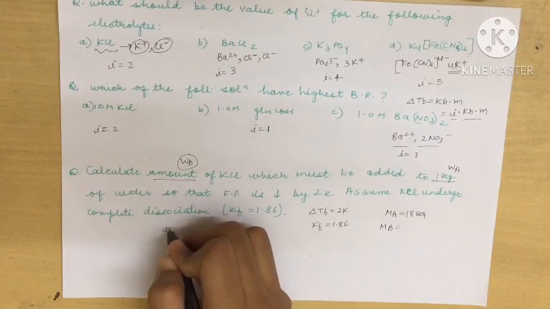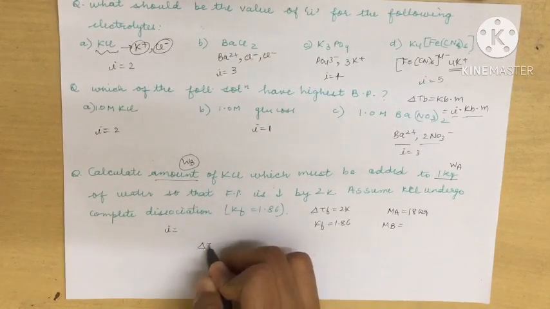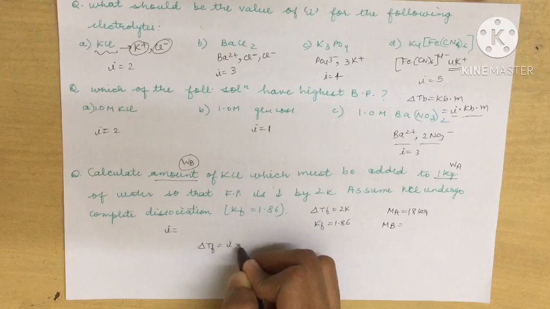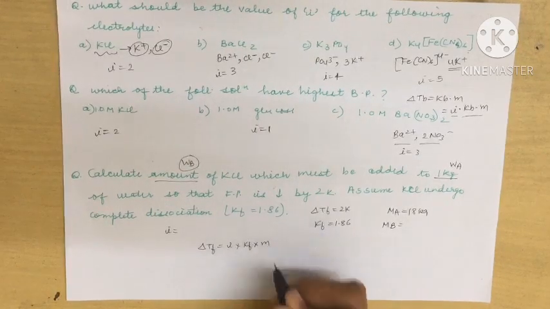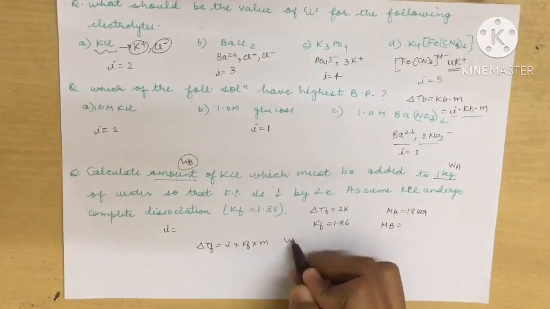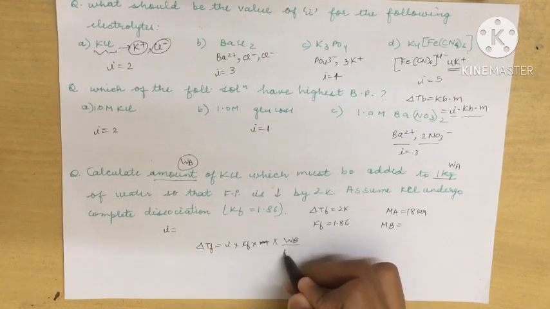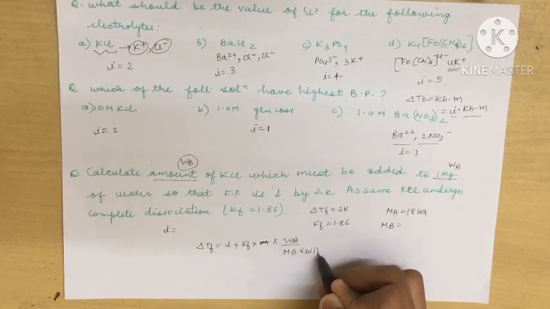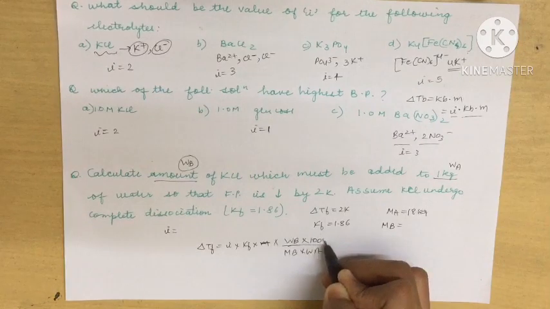You have to just use the i value. Means delta Tf equal to i multiplied by Kf multiplied by m. This m contains Wb upon Mb into Wa, and here we have 1000.